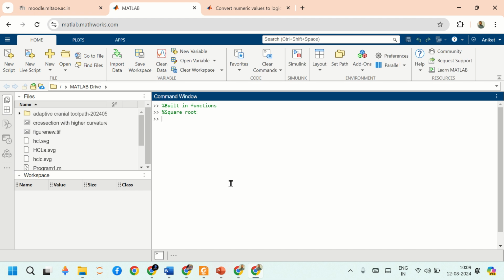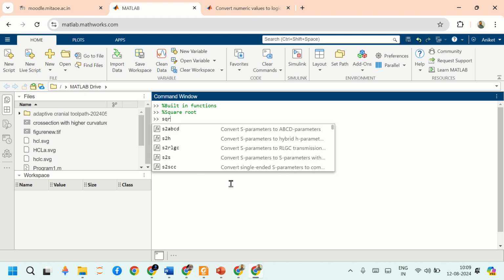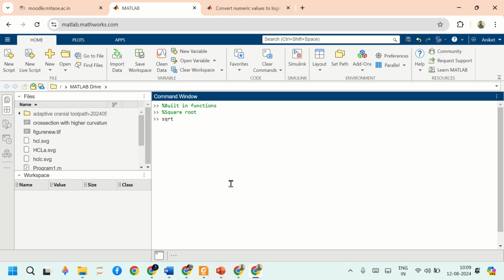The function is sqrt, in lowercase letters, and if you have to find the square root of 4, the answer will be 2. So this is the function to use to find the square root.